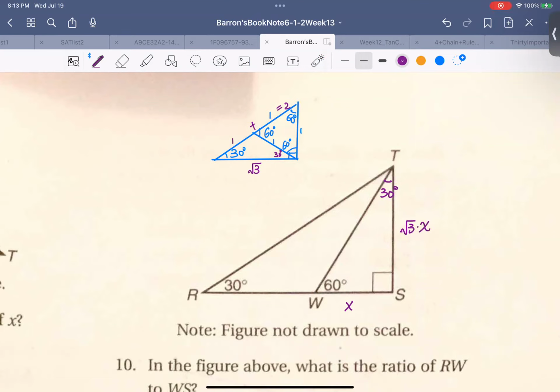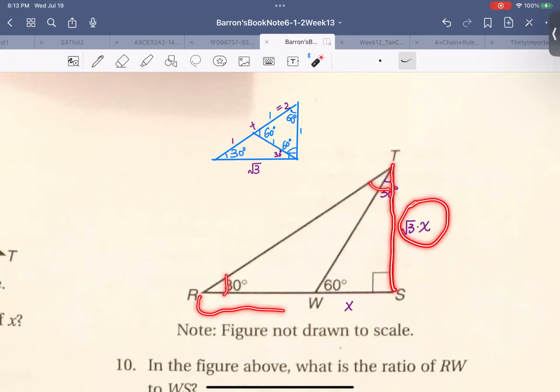So far, so good. And then look at this. Ignore this small one. Look at this big one. 30, 60. If the short one is square root of 3x, then the long one will be square root of 3x times square root of 3.